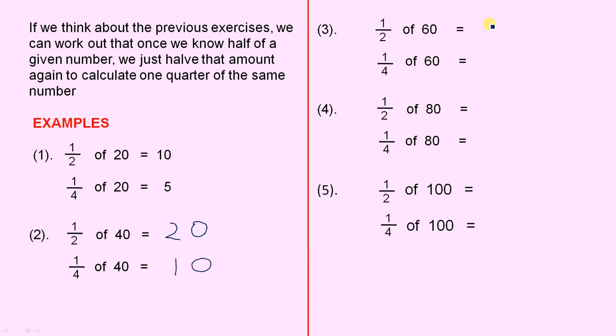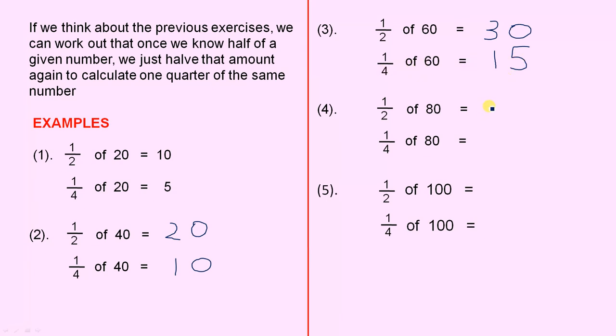What is half of 60? So that could be 60 seconds, for example. So we know that half of 60 seconds is 30 seconds. 1/4 of 60. All we do, we halve that amount to find 1/4. So if you halve that amount, that gives you 15. So 1/4 of 60 is 15.